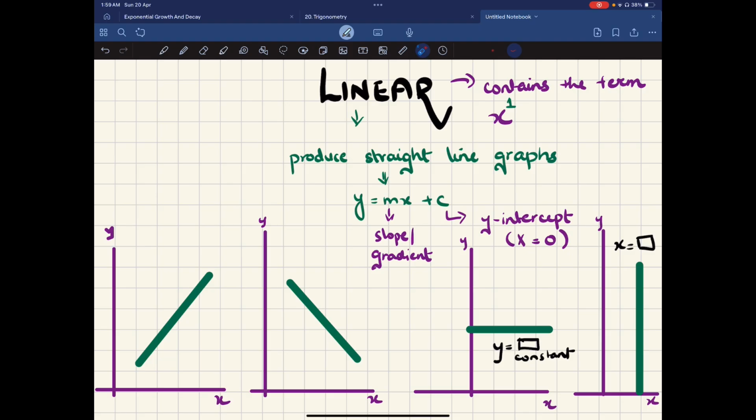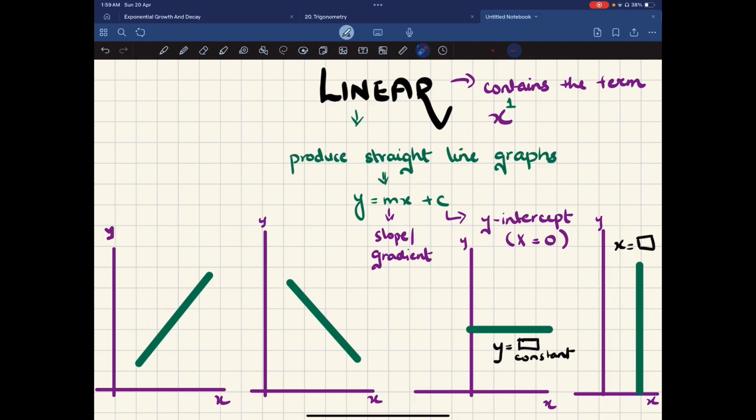Now, most of the time, the lines are sloping lines, slant lines, okay? Now, this is an upward sloping line. Why is it an upward sloping line? Because there are students who say that this is a downward sloping line.